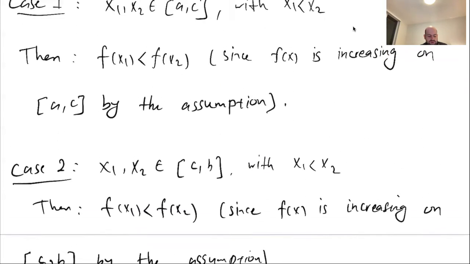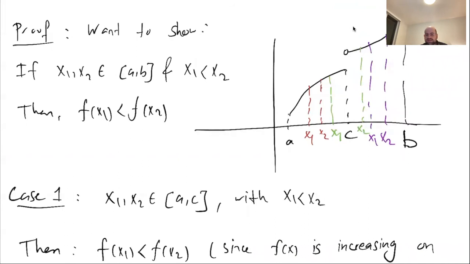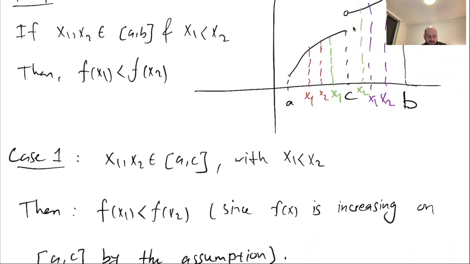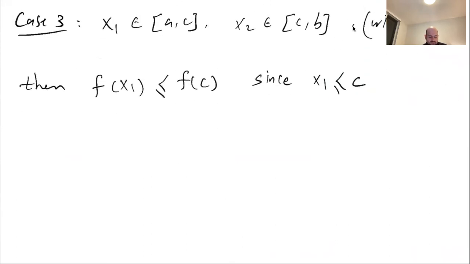So x1 in most cases is not C, it is less than C. In that case, f of x1 is less than f of C. There's just one possibility that if x1 equals C, then f of x1 will be equal to f of C. Since this and since f is increasing on A and C.